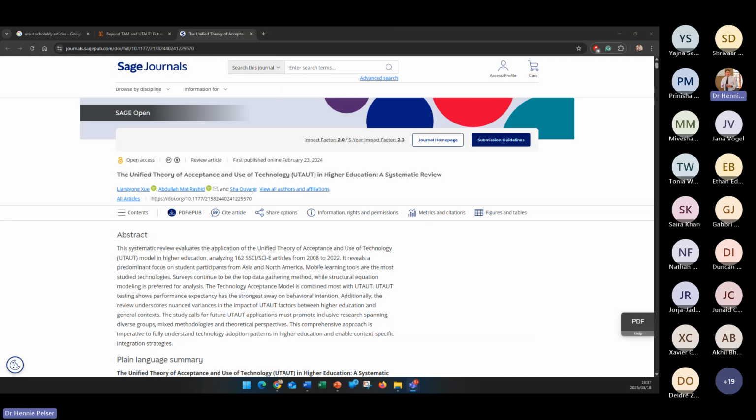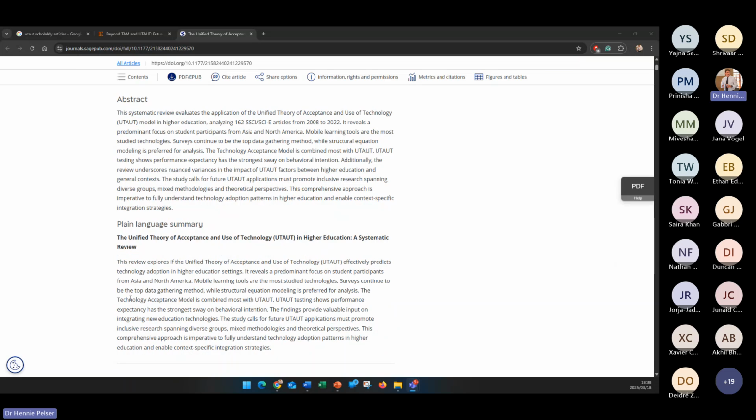Okay, so potential of AI, Sachava. Definitely, again, either that one, the Unified Theory of Acceptance and Use of Technology, because that is essential in terms of that. So the moment you say potential, this is what we're looking at.